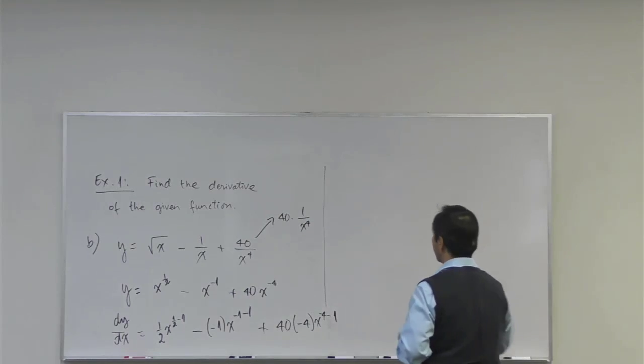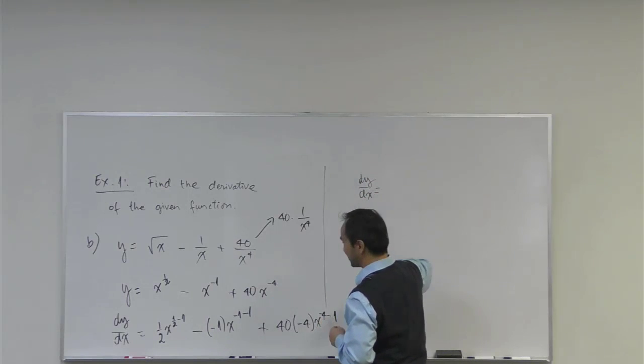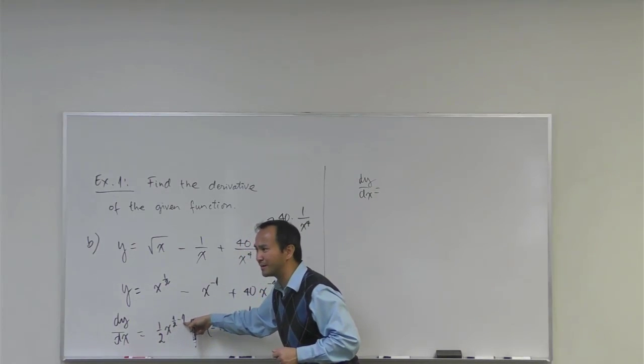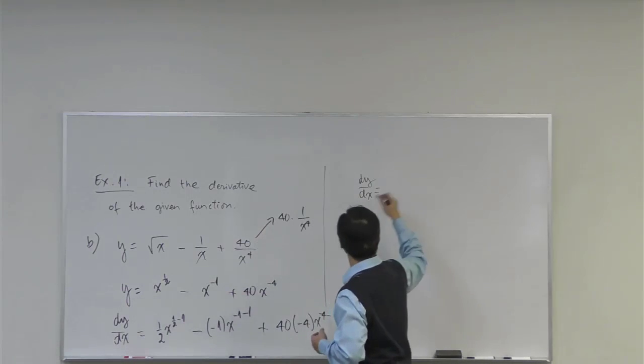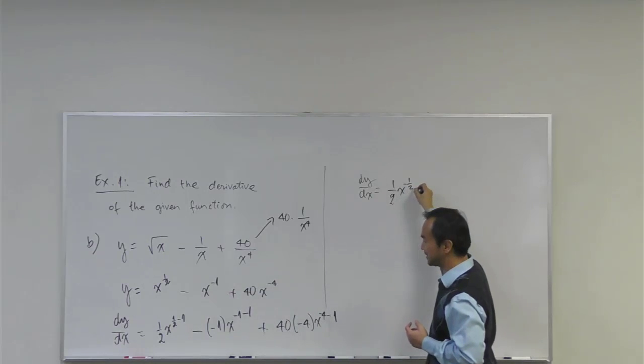All right, so now the answer here comes out dy dx in the next step right here. See? What's 1/2 minus 1? Negative 1/2, right? So 1/2 times x to the negative 1/2. You got that, right?